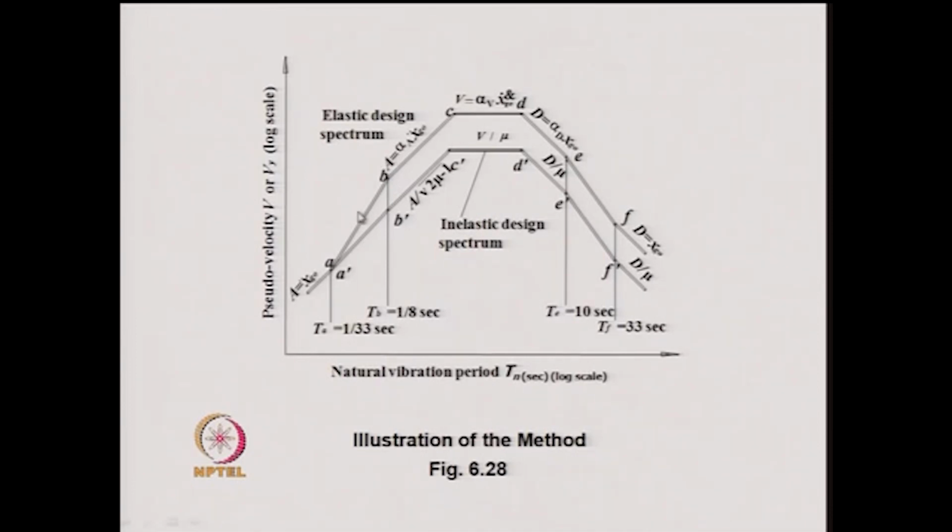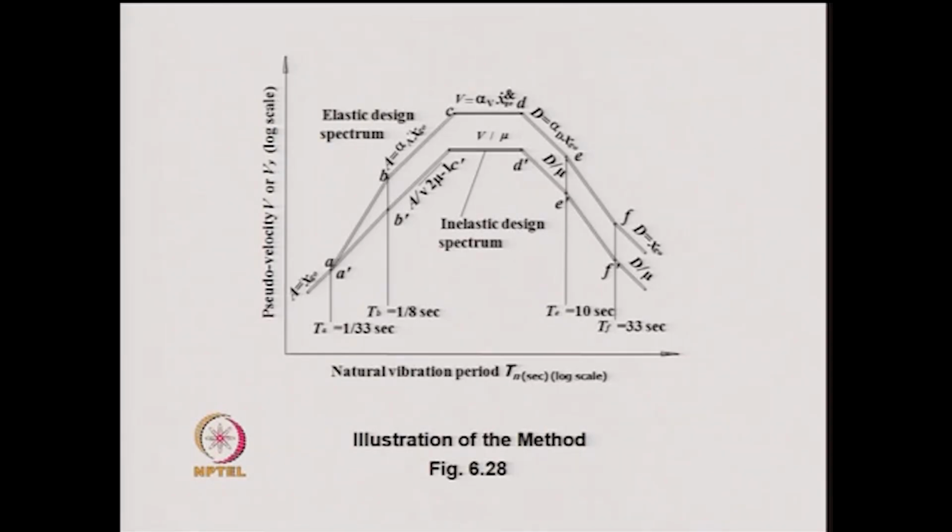So, therefore, if we wish to plot an elastic response spectrum and an inelastic response spectrum for a given value of mu, then the quantities that are required are the peak ground displacement, peak ground velocity and peak ground acceleration.